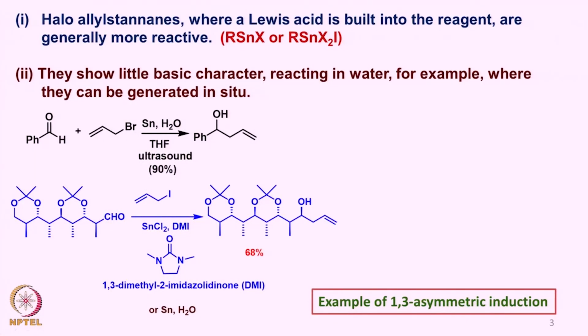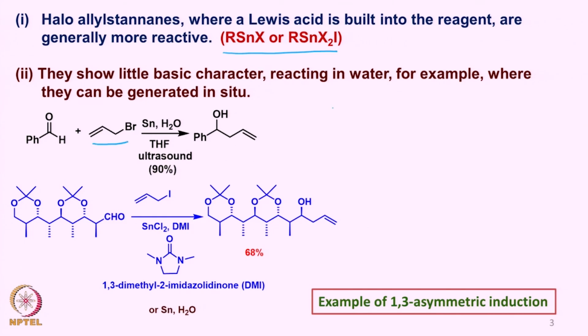Now, haloallyl stannanes, where a Lewis acid is built into the reagent, are generally more reactive. So, if we have reagents of this type here, which can be prepared from the corresponding allyl halides such as allyl bromide.